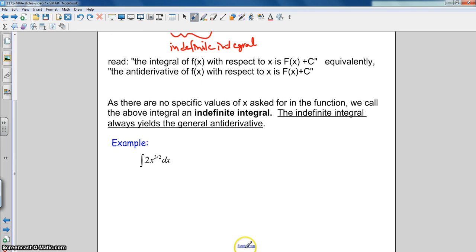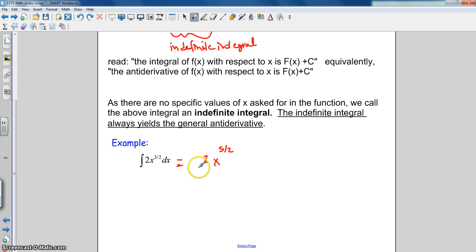So for example, if I have the integral of 2x to the 3/2, I can determine its antiderivative. Remember from the last video that we have to increase the exponent by 1. So if I increase that, that becomes 5/2, and then I have a 2 out front.